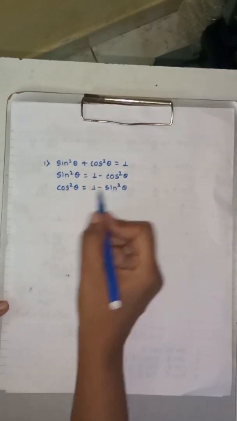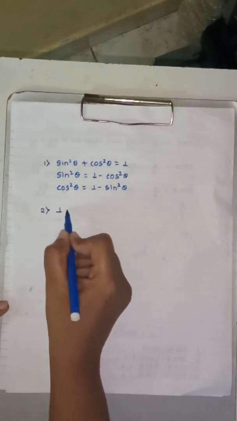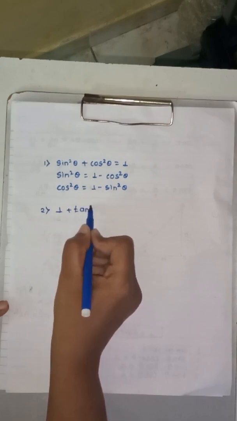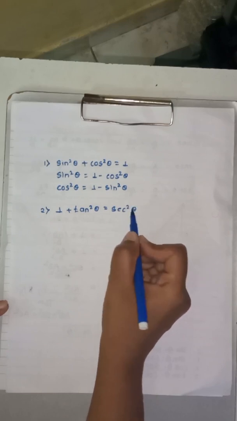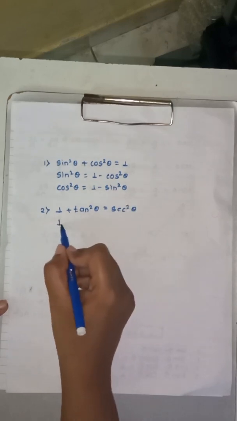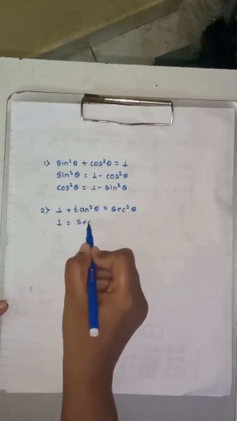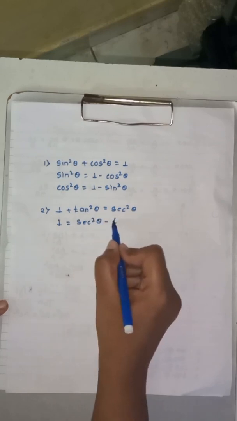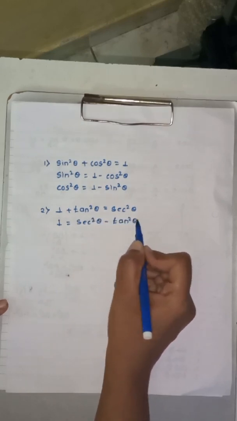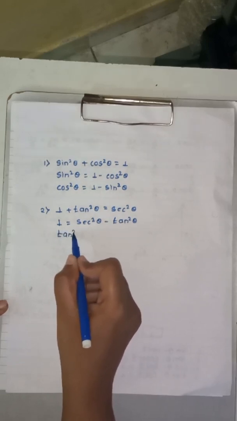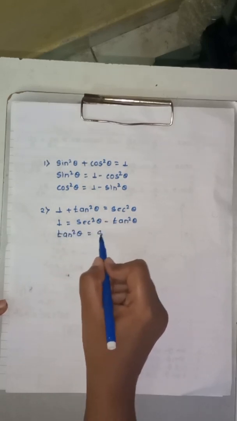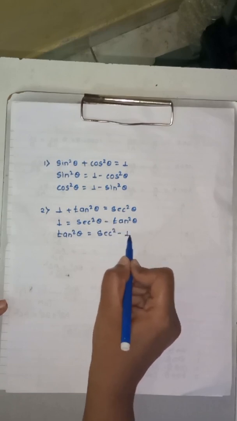Now the next one you have studied, that is 1 plus tan square theta is equal to sec square theta. Here it can be written as 1 is equal to sec square theta minus tan square theta, or it can also be written as tan square theta is equal to sec square theta minus 1.